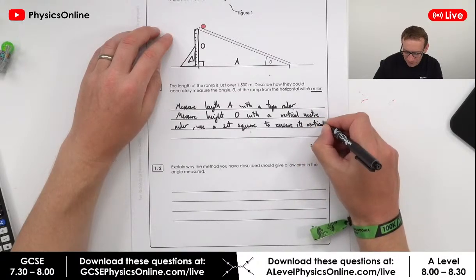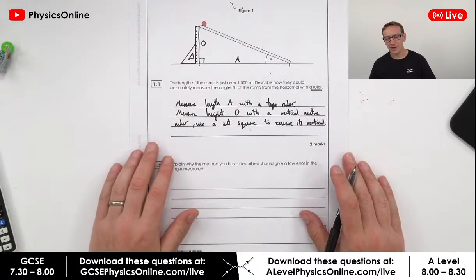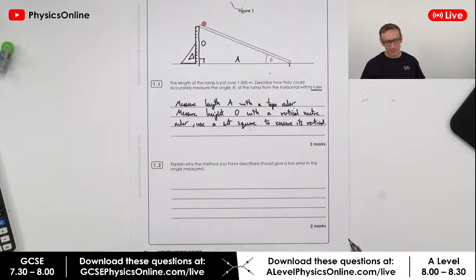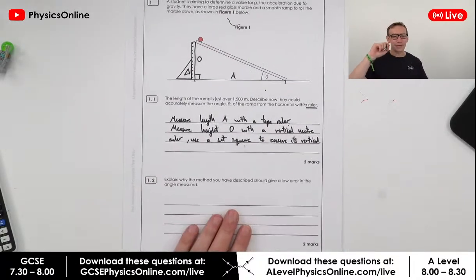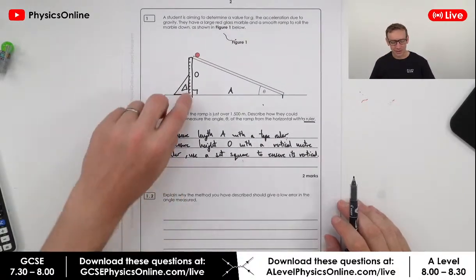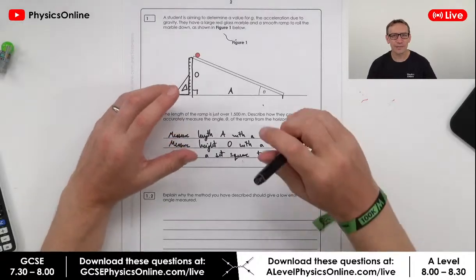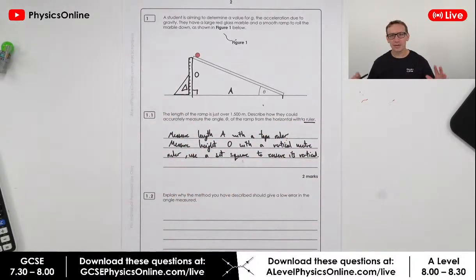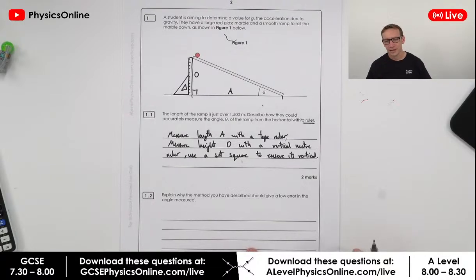I'm not going to spend too long on my handwriting, hopefully that's good enough. It's about putting down obvious things. Anytime you have a height in your A-level exam answers, put using a set square to ensure things are vertical.